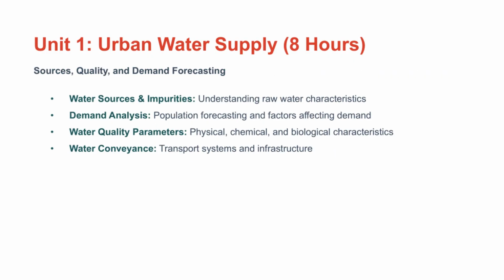The environmental subject now consists of 5 units. In the first unit, we will be understanding the urban water supply. We will be studying the sources of water, impurities that are present in the water, and the demand that is required for supplying that water to the consumer.